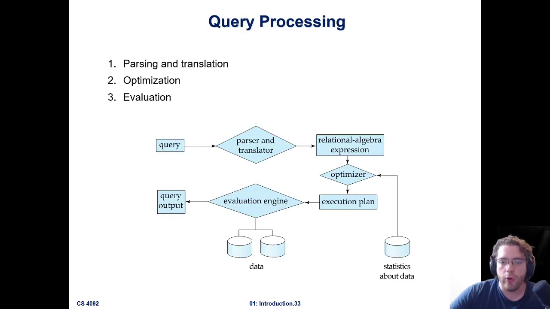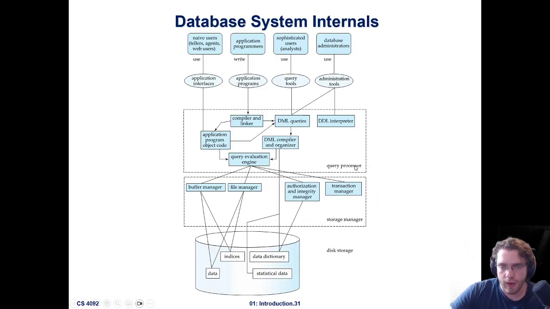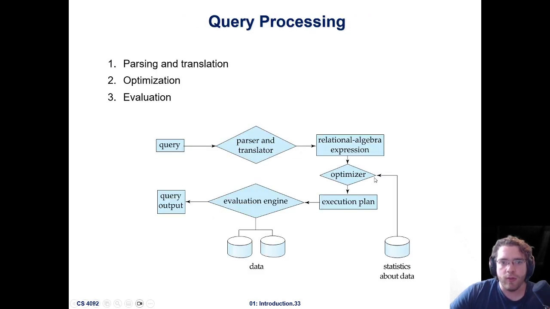Okay. Query processing is the one that's above our storage manager inside of our second row here. This is going to be helpful for parsing and translation of our type of non-procedural commands that we have, optimizing some information that we need, and then the evaluation.